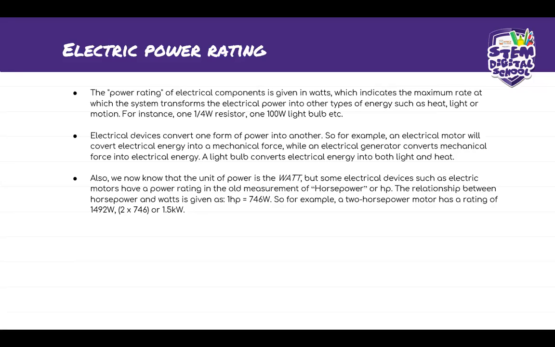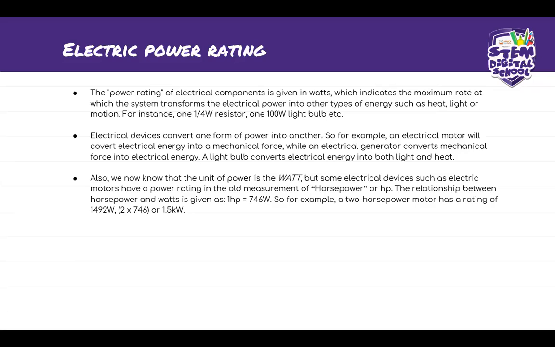So also, we know that the unit of power is the watt, but some electrical devices, such as an electric motor, which converts electrical energy, have a power rating in the old measurement of horsepower. So there are some exceptions that you can have.